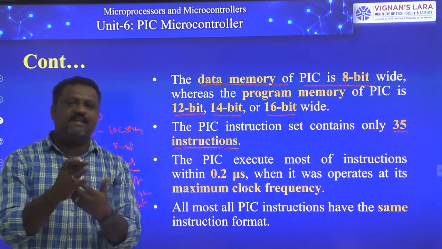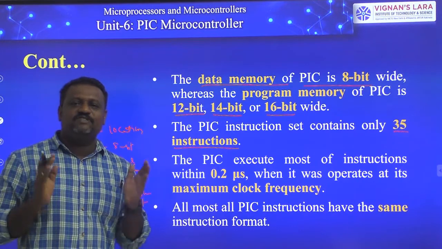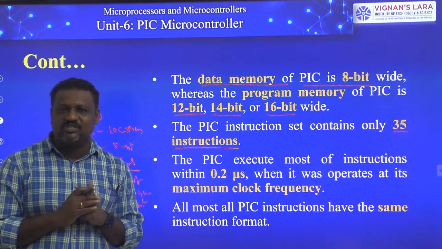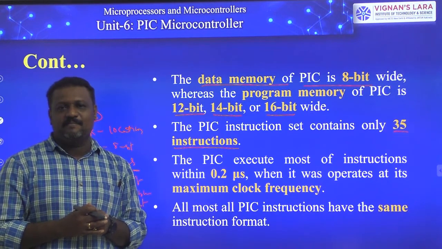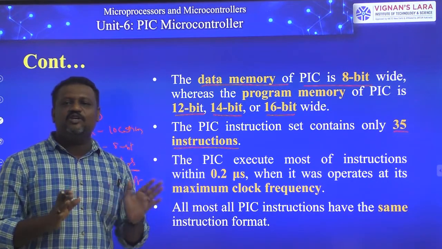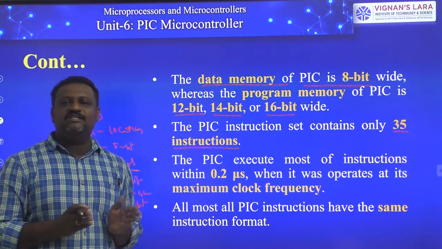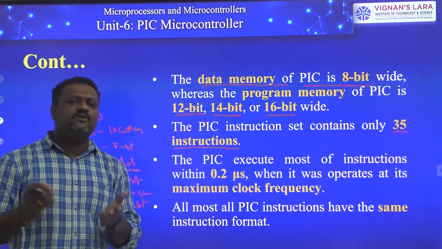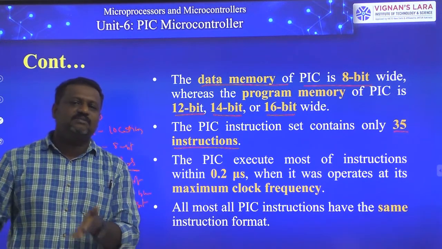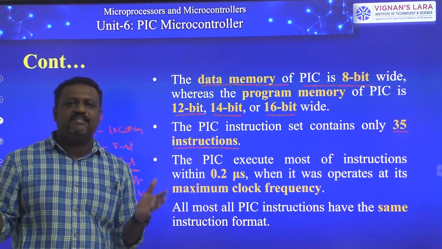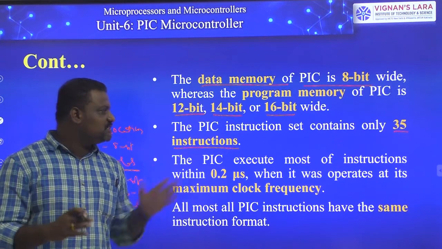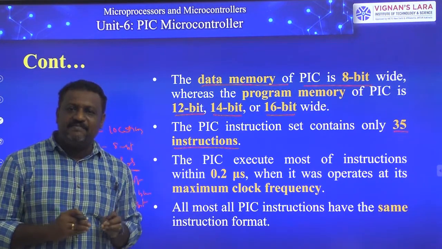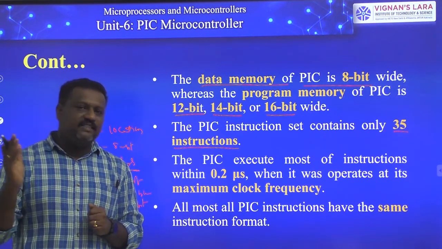Once a user has an idea about all the instructions present in the microcontroller instruction set, making an application program is easier. Comparing with some 8-bit microprocessors or other 8-bit microcontrollers, you find a good number of instructions in the instruction set. But coming to PIC controllers, we find just 35 instructions.